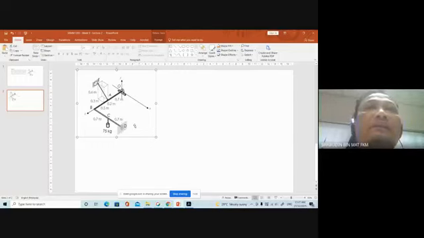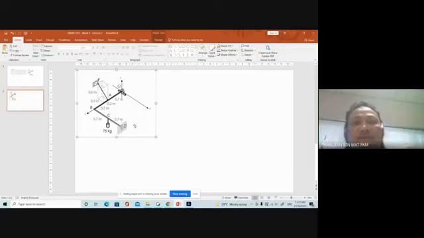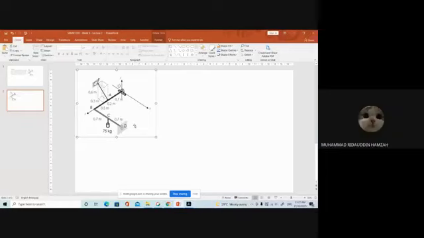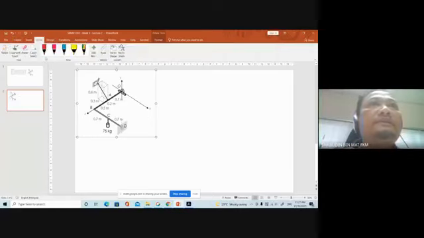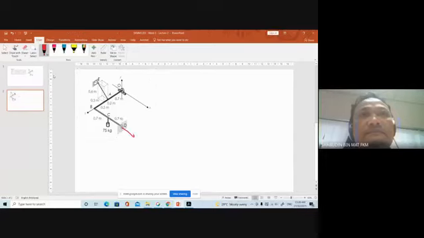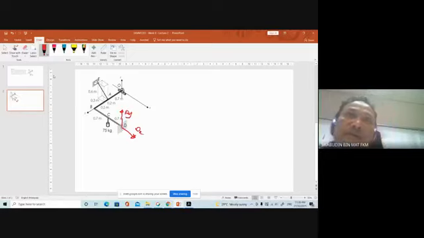I ask you how many forces at point D? It's ball and socket there. Three forces. Okay, draw here. So Dx, Dy and Dz.